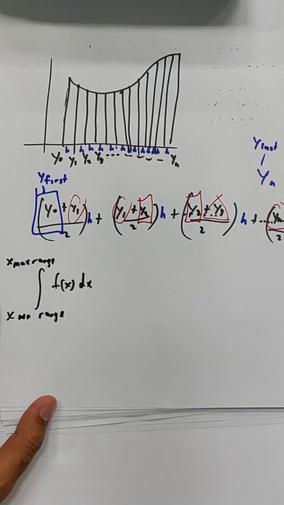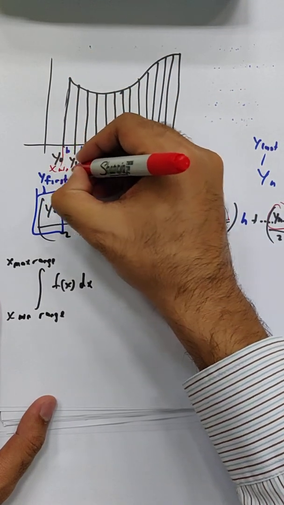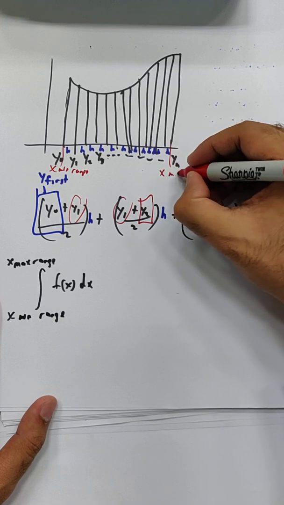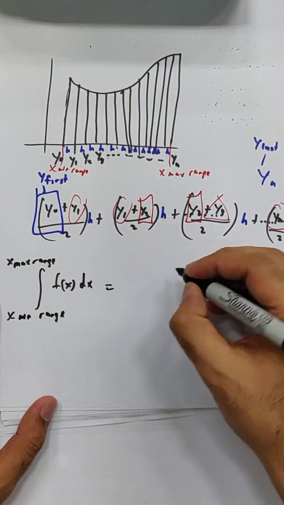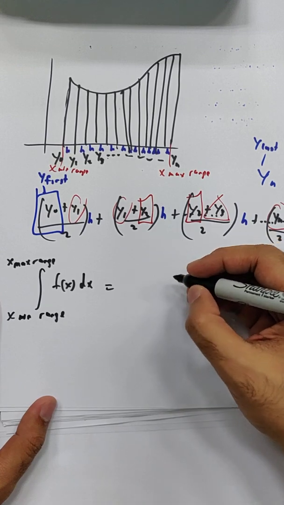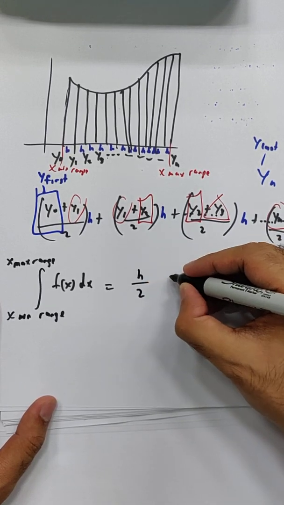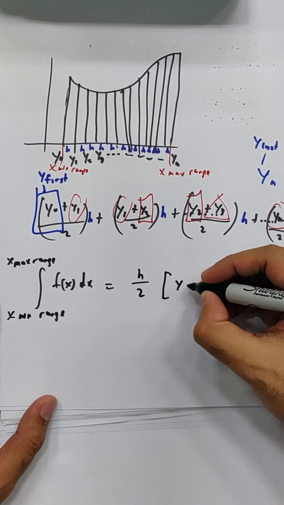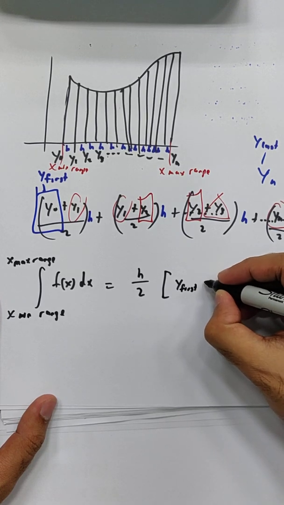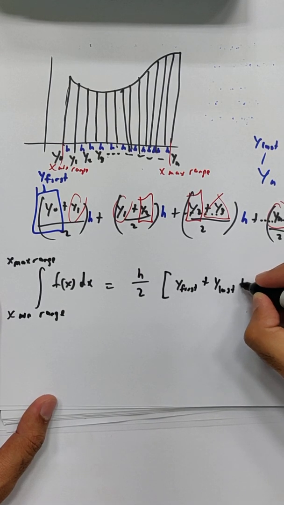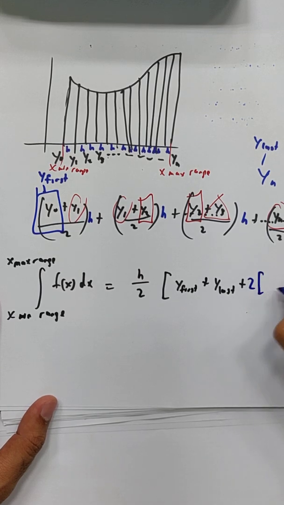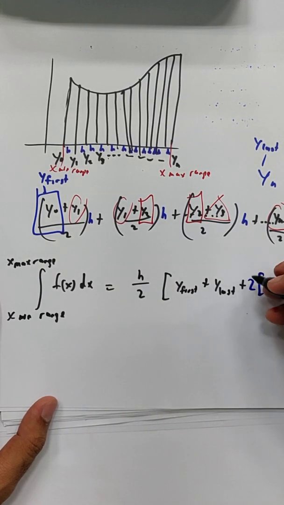If we consider this as our A and B, instead of integrating this one here, the formula now becomes h over 2 times Y first plus Y last, plus 2 times everything Y in between.